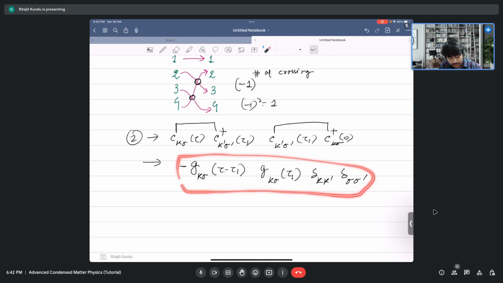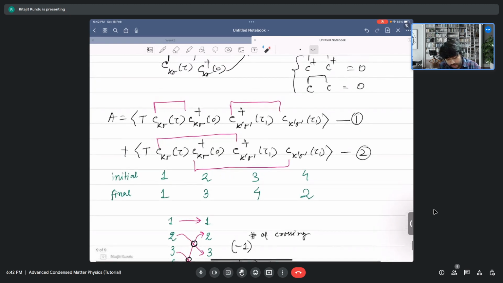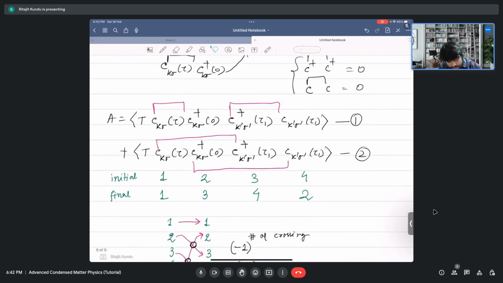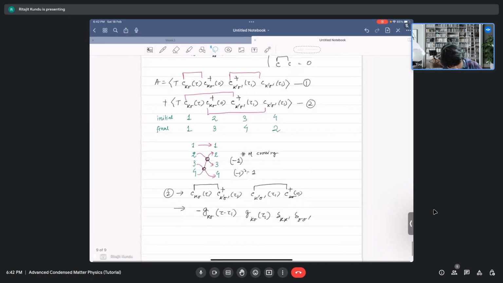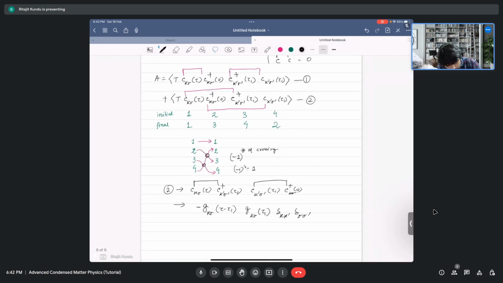Okay, and for term 1, let me just write it. So c k sigma tau, c k sigma dagger 0, right?